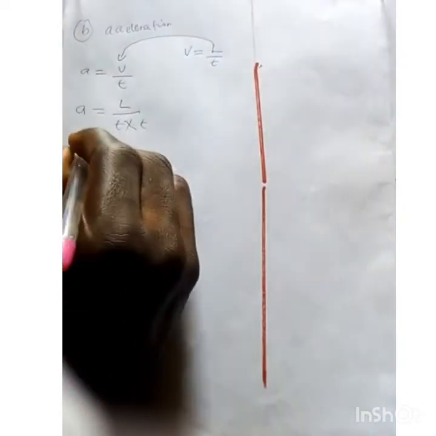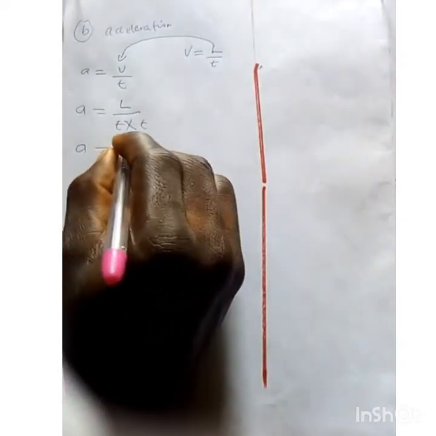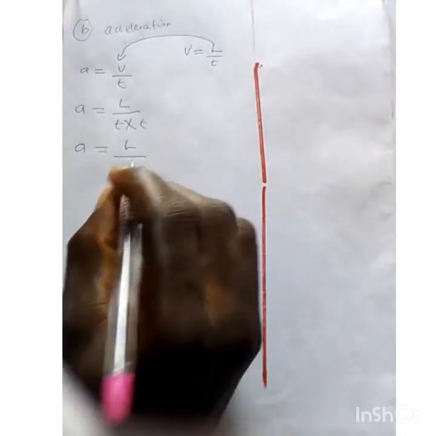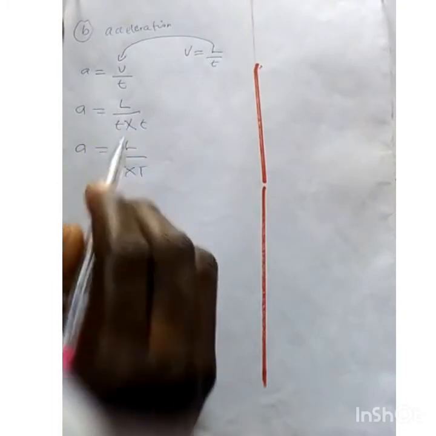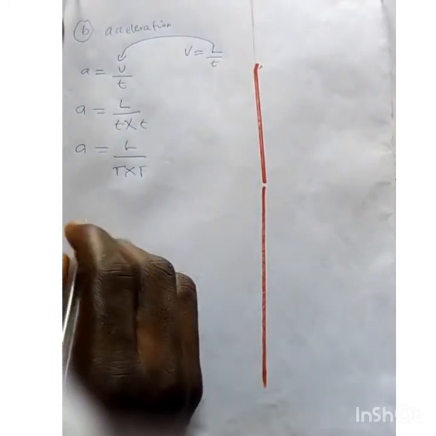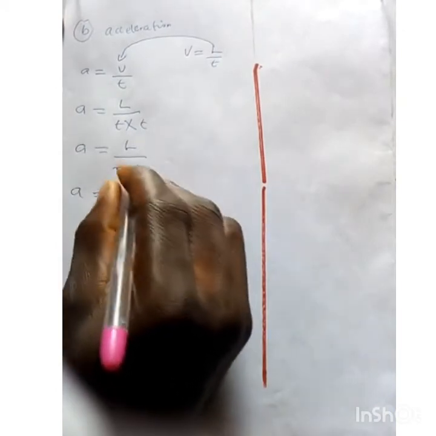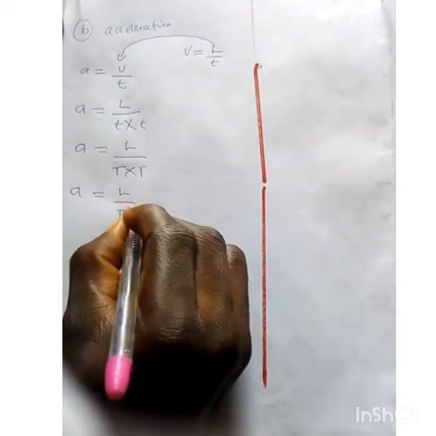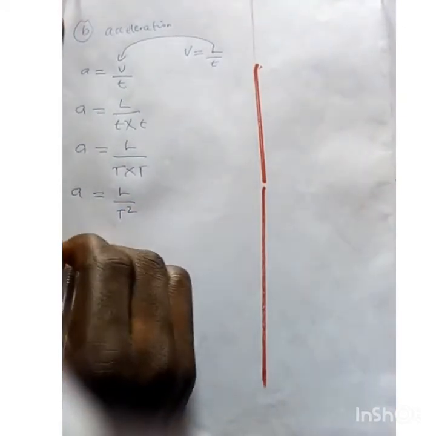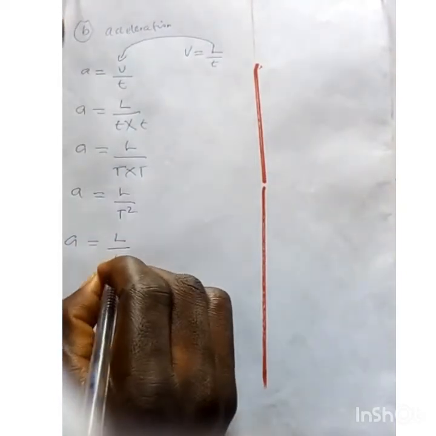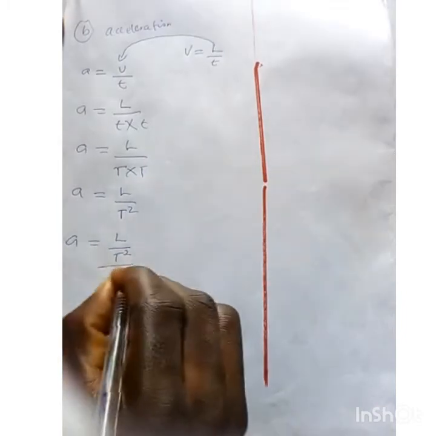You can now write that your A is equal to length all over t times t, since the dimension for time is capital letter T. And remember, A equal to length all over t times t is t squared, where your A now is equal to length all over t squared.